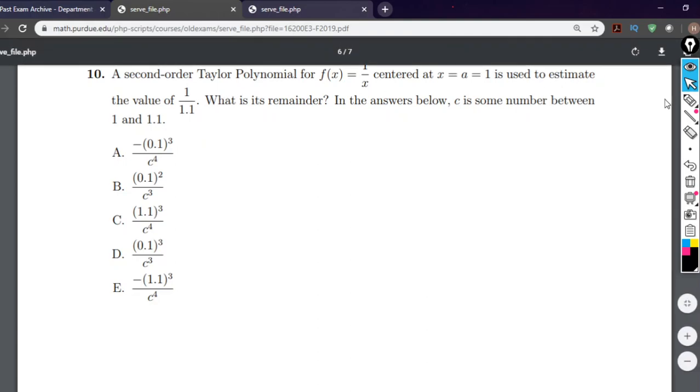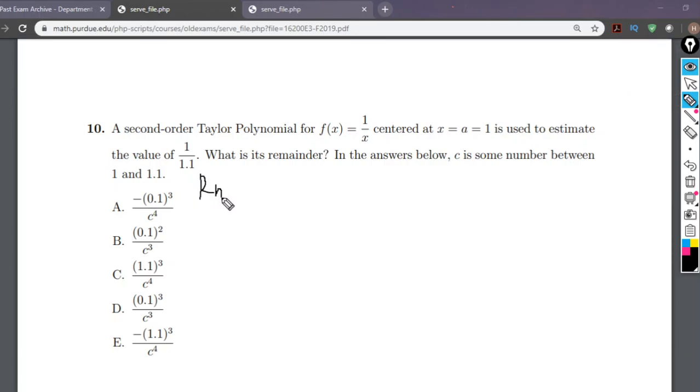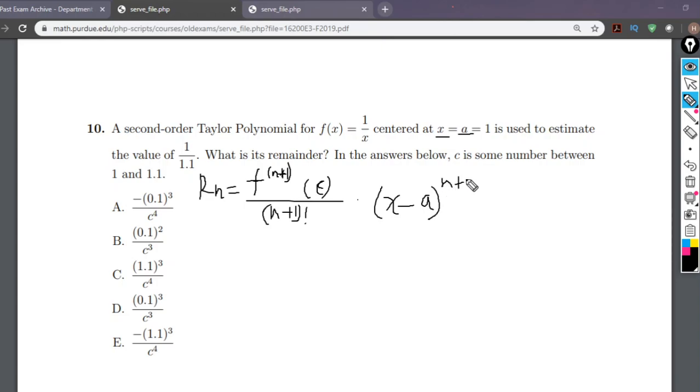So the remainder at term n is equal to the n plus 1 derivative evaluated at c, where c is a value between a and x, and then that over n plus 1 factorial, times x minus a to the n plus 1 power.